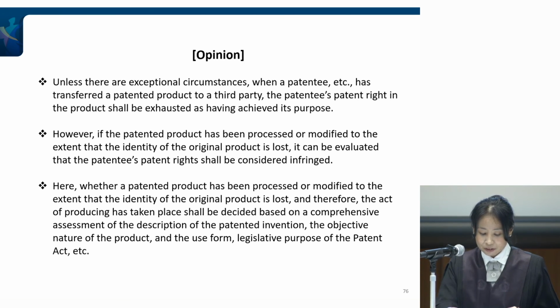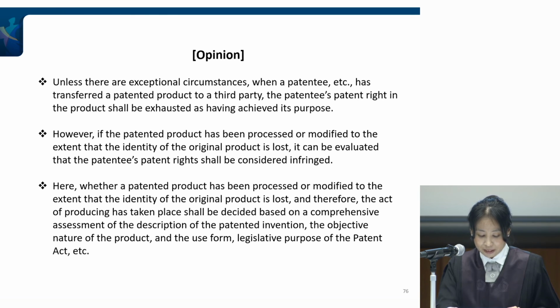Unless there are exceptional circumstances, when a patentee, etc., has transferred a patented product to a third party, the patentee's patent right in the product shall be exhausted as having achieved its purpose. However, if the patented product has been processed or modified to the extent that the identity of the original product is lost, it can be evaluated that the patentee's patent right shall be considered infringed.